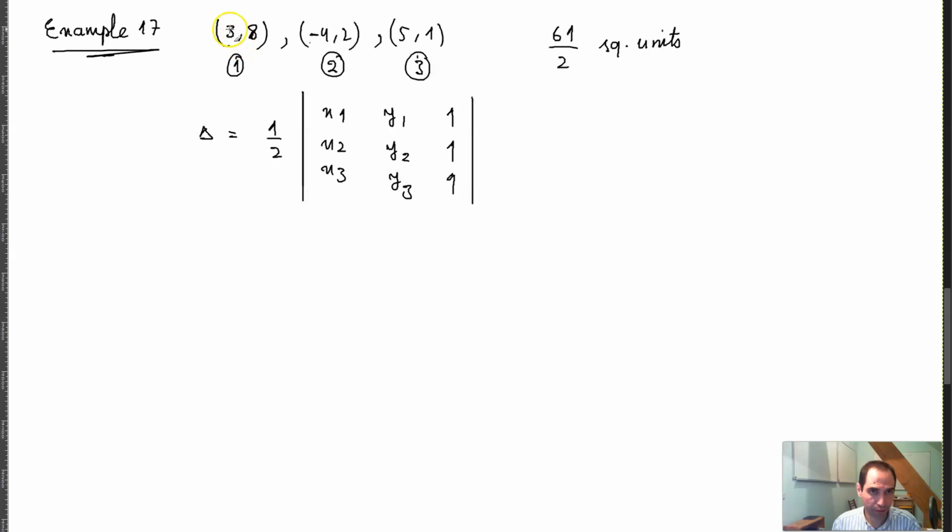And then this becomes x1, y1, x2, y2, x3, y3. And therefore, delta would be equal to 1/2 times the determinant with 3, -4, 5, and 8, 2, 1, and 1, 1, 1.